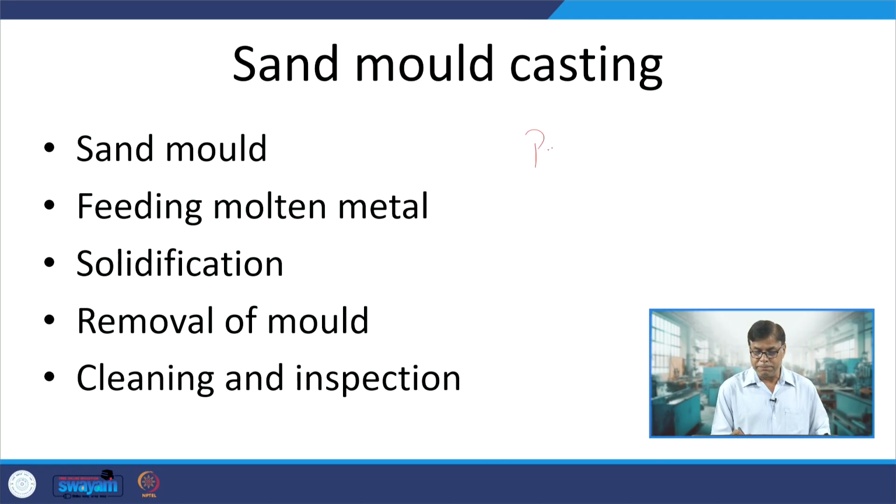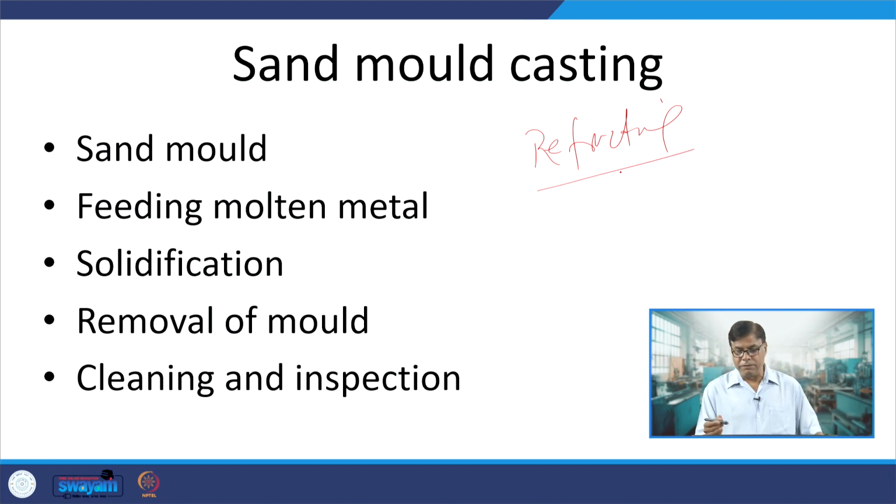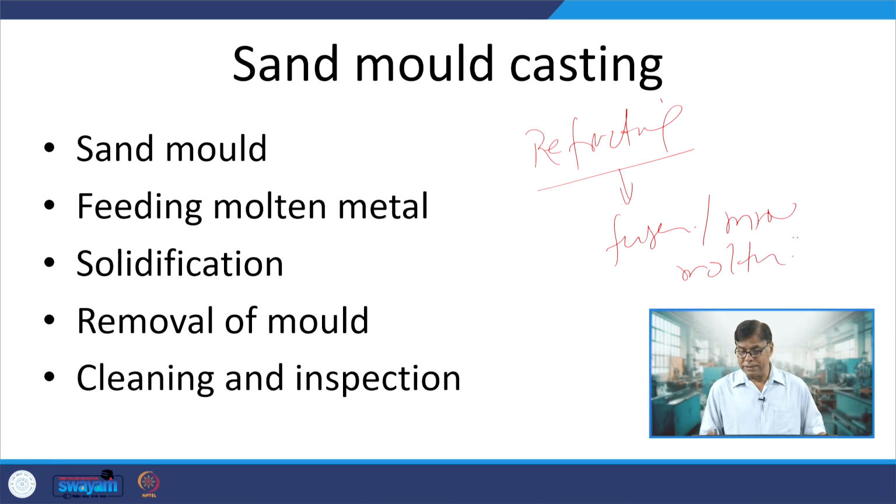Then another aspect is the refractoriness, which will depend certainly on the size of the sand and the type of the sand. If the refractoriness of the sand mold is less, then it will tend to fuse and mix with the molten metal. Once it is mixed, then it becomes part of the casting.